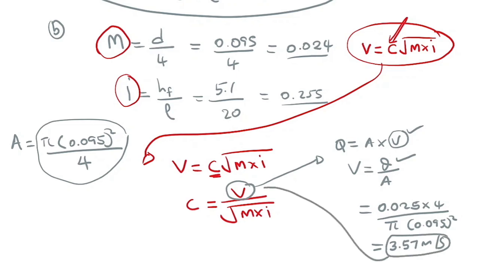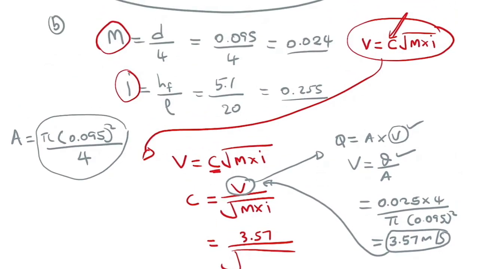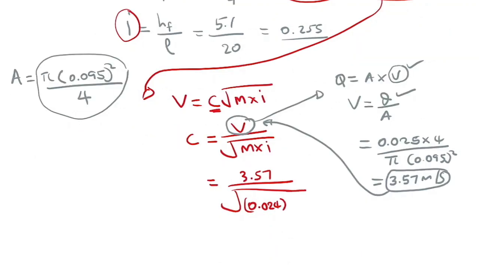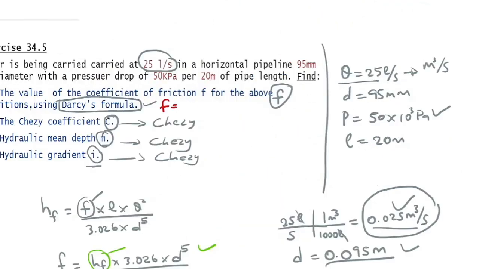Take this velocity and put it in this formula. It is 3.57 divided by the square root of the hydraulic mean depth, 0.024, times the hydraulic gradient, 0.255. This gives 45.769. So F, found it.